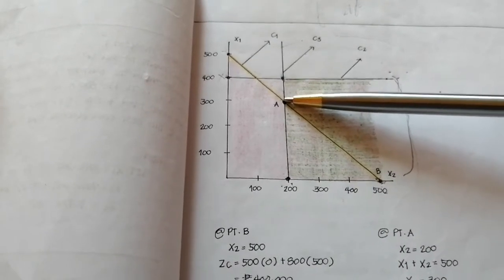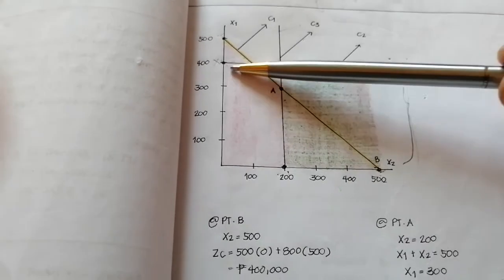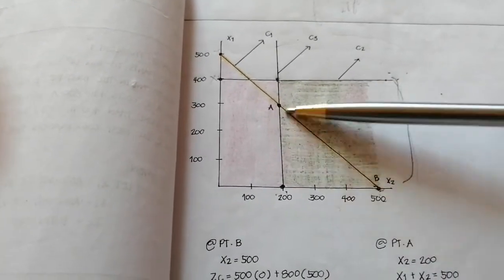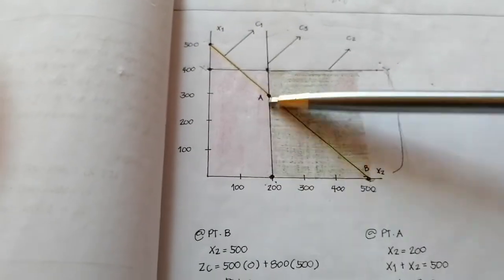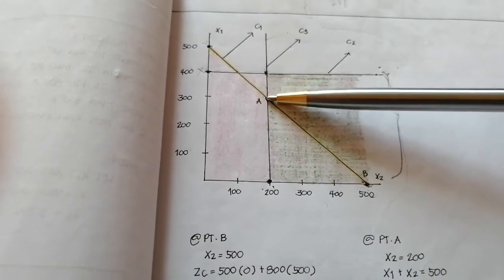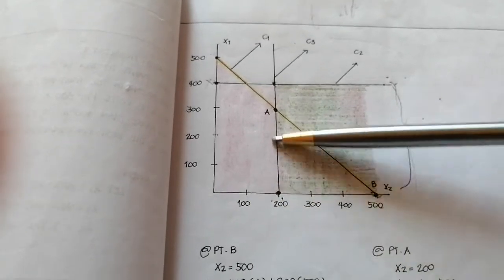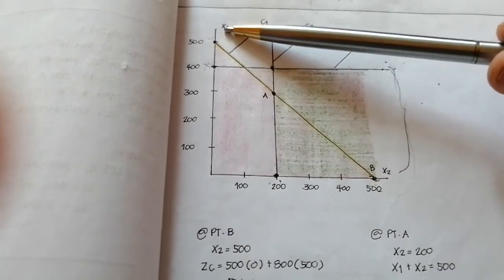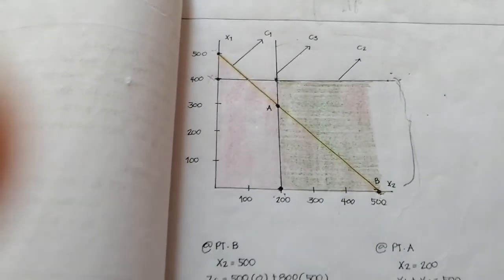How about this point? So it passes through the first constraint. It is in the feasible area of x2 and it is also in the feasible area of x3. So we name it as point A. How about this one? Okay with x3, okay with x2, but it doesn't pass through the first constraint, so we don't consider it.